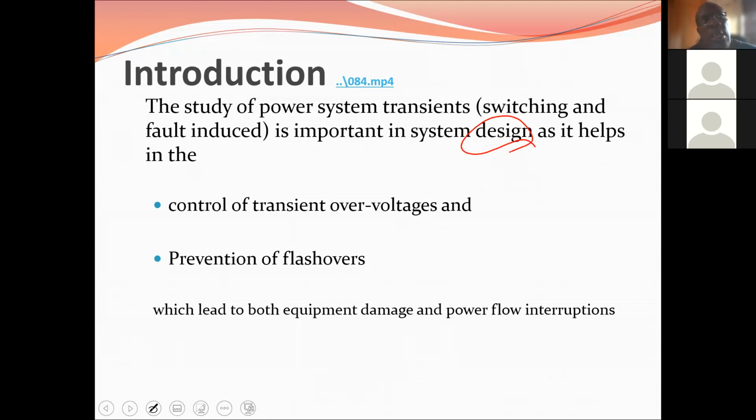So treating with this gives us clarity in terms of control of, as we have here, transient overvoltages or flashovers, which again, because it's coming from, let's call it a natural consequence of the operation of the power system, we have to militate against that. Okay?